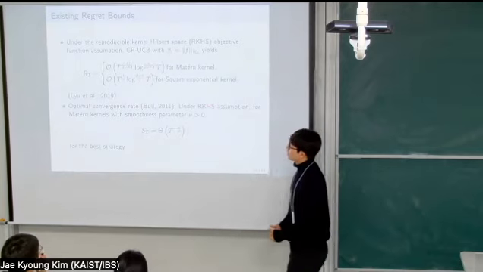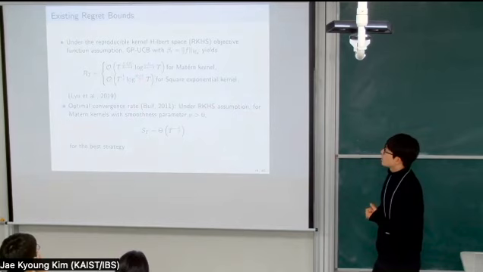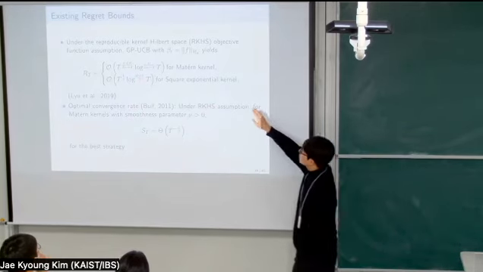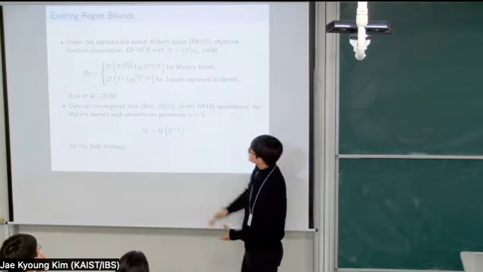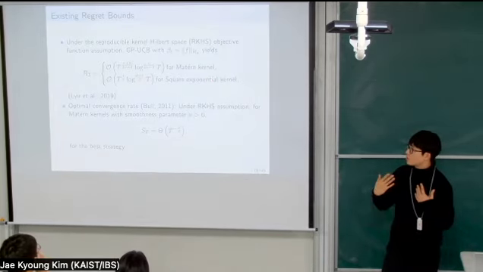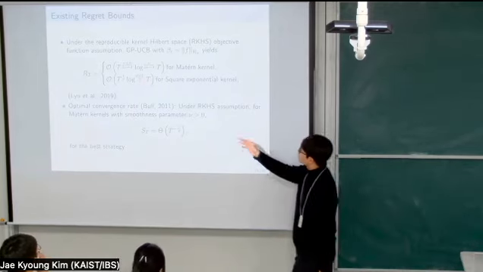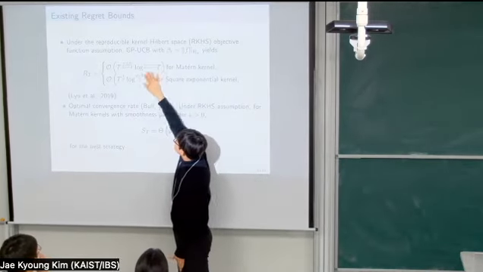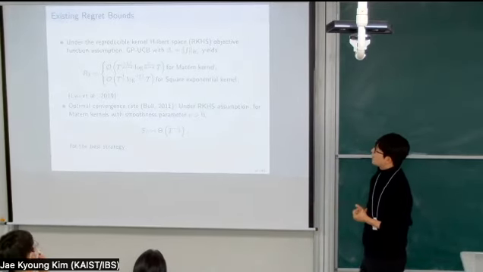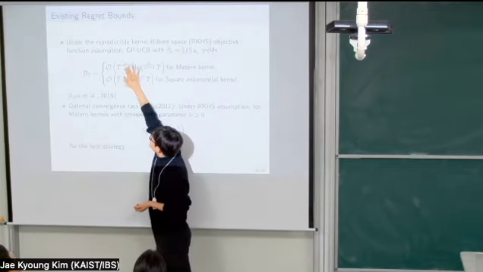But this type of analysis also reflects the structure of the function, where the smoothness actually kicks in as well. If you look at the Matern kernel, there is a smoothness parameter nu, which I told you determines how much differentiability the objective function has. If nu is large, that means the function is highly smooth, and as you can see, the leading term matches.